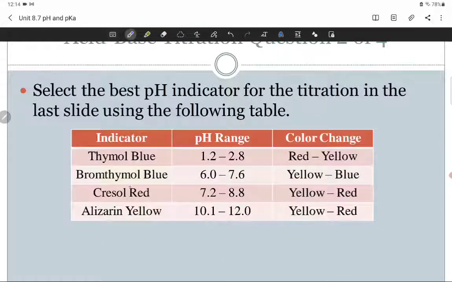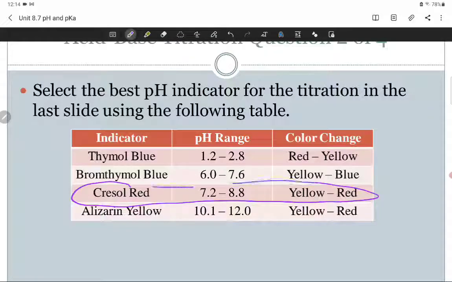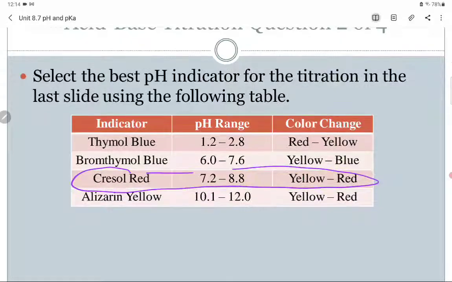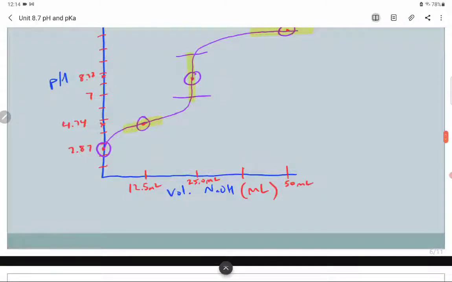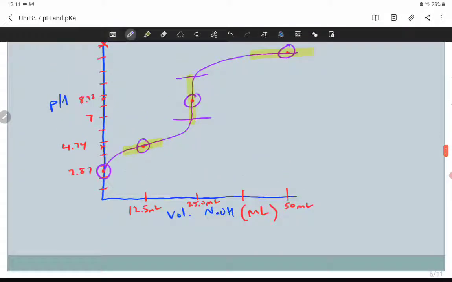I guess it would be best to use cresol red. So if we go back, we're going to get a yellow solution afterwards, we'll get a red solution, and then in this range here, that's where it's changing over from yellow to red, and we probably will see that as somewhat of an orange.